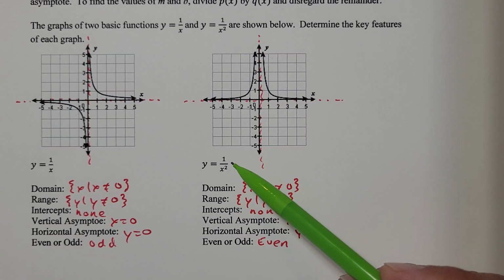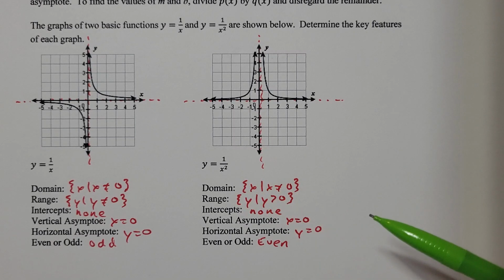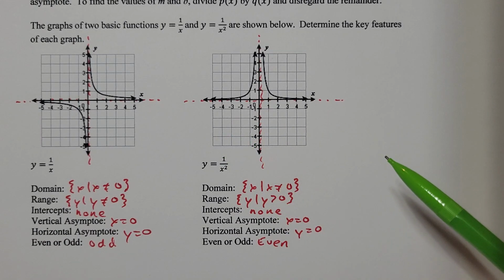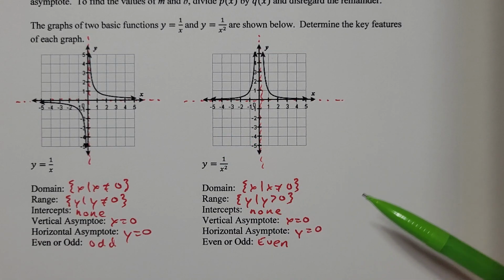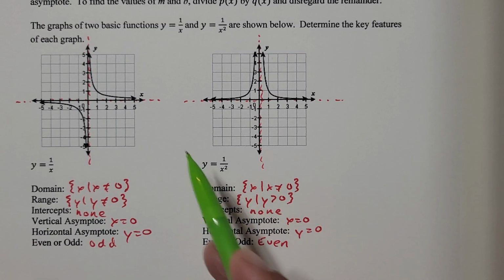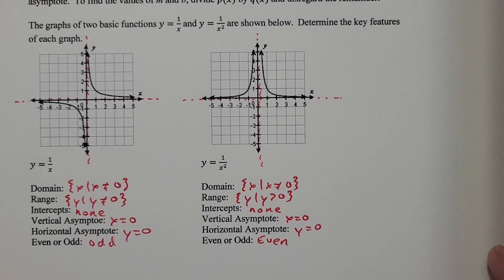I don't have any x's up top. And I'm dividing this by a degree 2 polynomial. So 2 is bigger than 0, and because of that, y equals 0 would be a horizontal asymptote. And again, there's no work to do. You just write y equals 0 and draw the dotted line there at y equals 0.